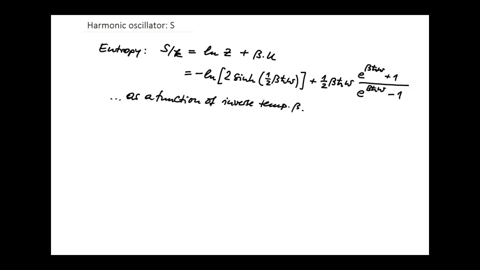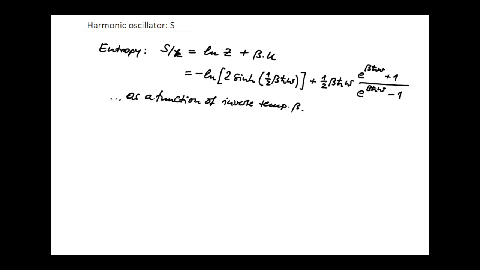Now, you must be careful that temperature or inverse temperature is not, we learned this, the natural variable of the entropy. The natural variable of entropy is the energy, not the temperature.